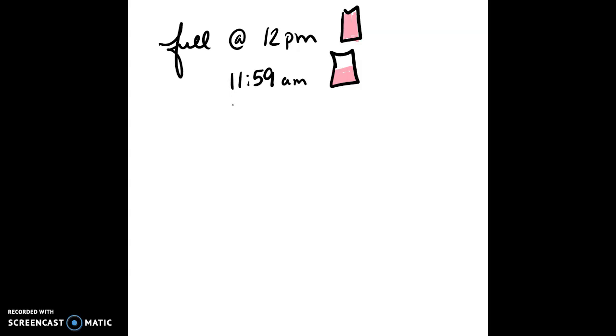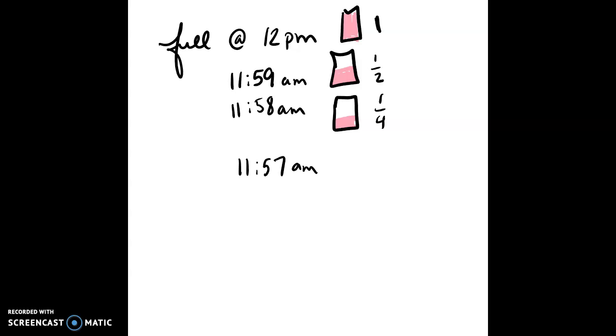And then at 11:58, this is half, this is full, I'm going to call it 1, then it would be half of the half, which would be a quarter full. So you see the pattern emerging here. So at 11:57, it would be half of this, so it would be 1/8 full. So what's this pattern?